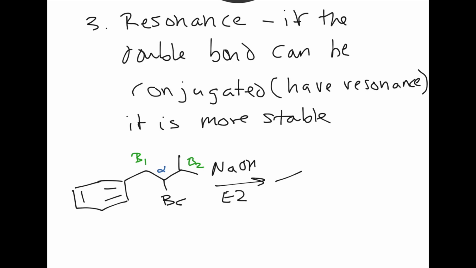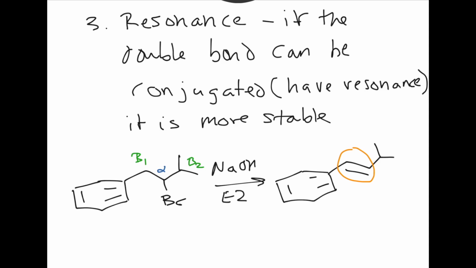But if I make my double bond towards beta 1, this double bond is now close enough to the pi bonds in the aromatic ring that it can be in resonance. You can draw resonance structures, and it's always more stable to be able to draw resonance structures than to not.